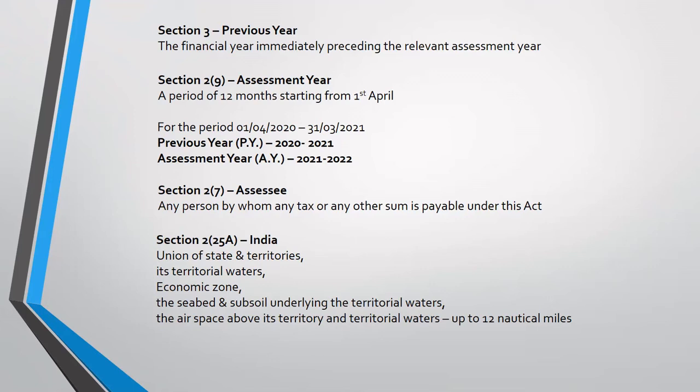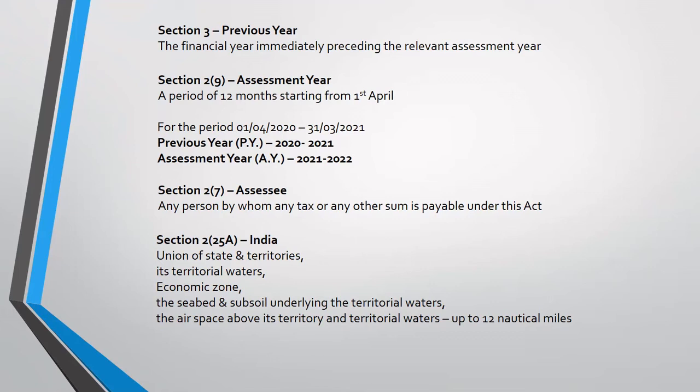Okay. Now, a previous year can be less than 12 months. So suppose a business is set up on 1st March 2021, the previous year will be 1st March 2021 to 31st March 2021. However, the assessment year would be 1st April 2021 to 31st March 2022.